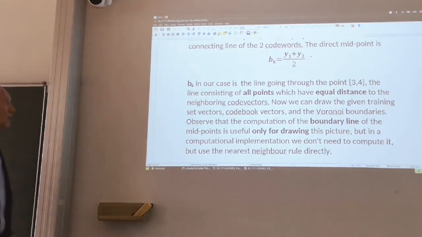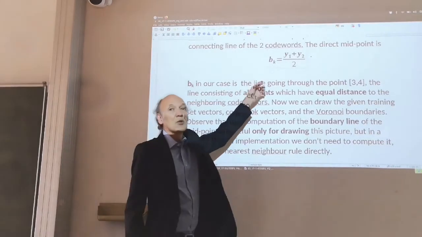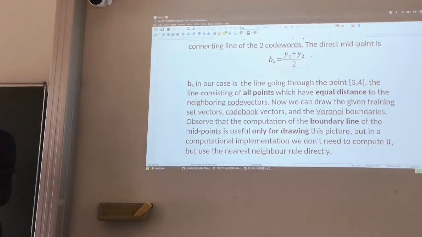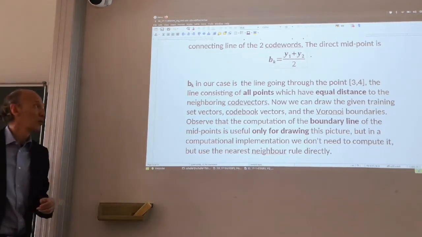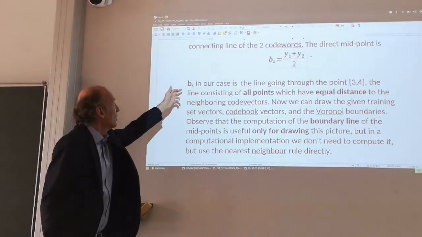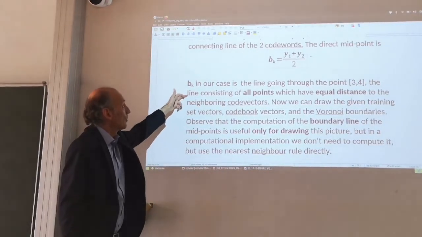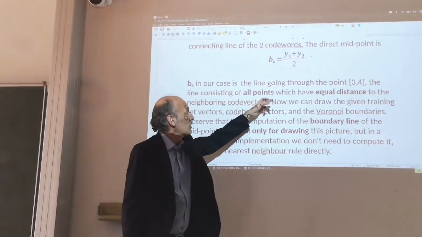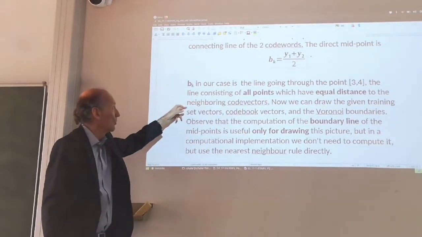So observe that in the higher dimensional case, you wouldn't really compute this division line. You would just compute which signal vector comes closest to which codebook vector, without explicitly computing this boundary line. So bk in our case is the line going through the point 3, 4, the line consisting of all points which have equal distance to the neighboring code vectors.